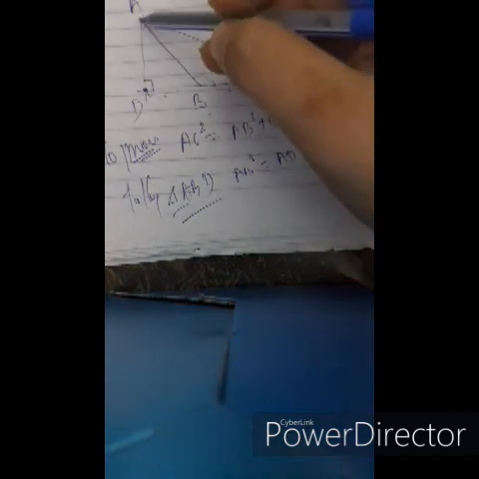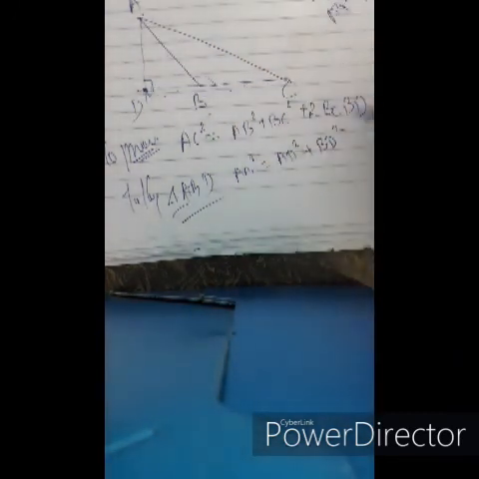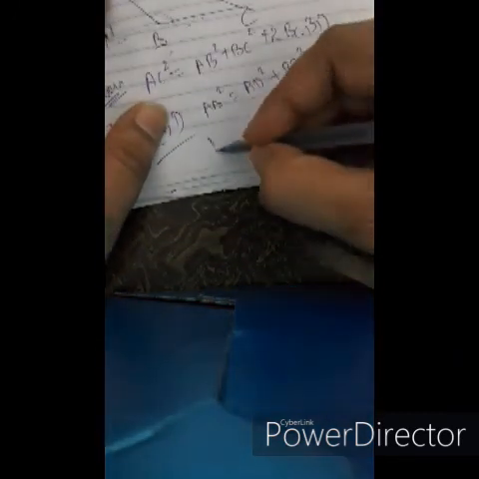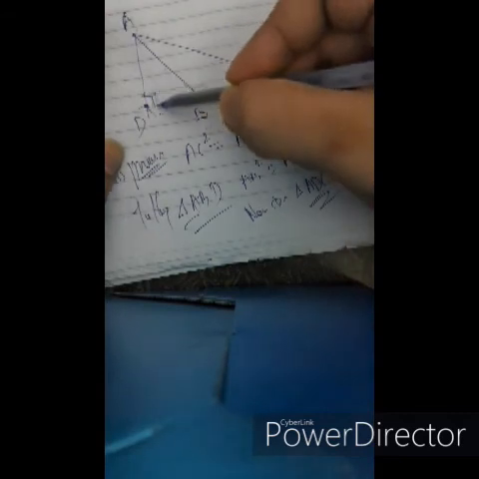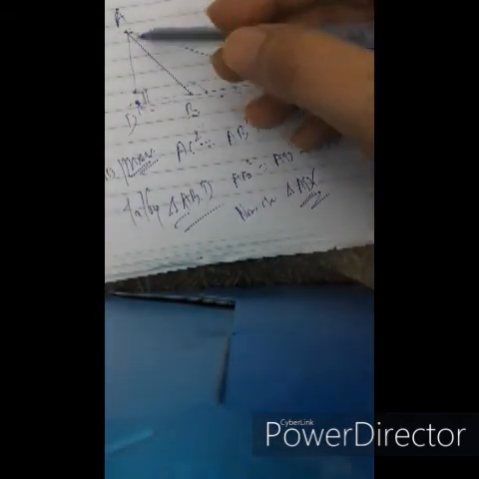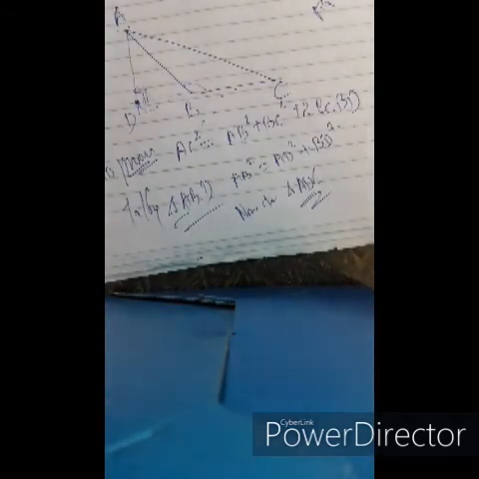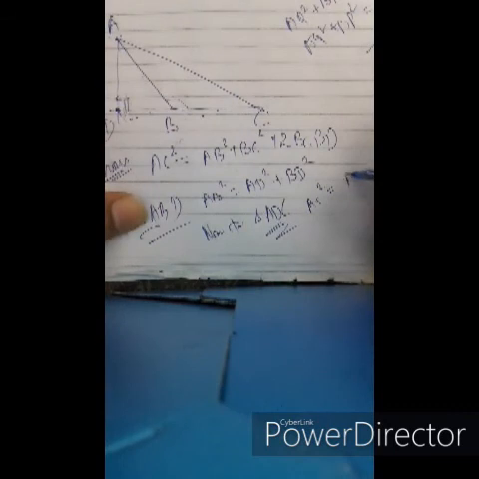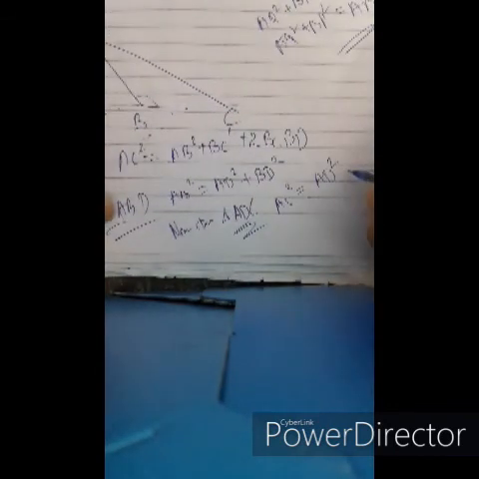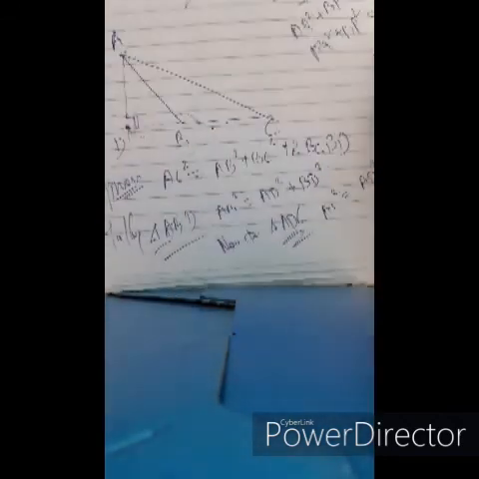Now taking this whole triangle ADC, we know that angle D is a right angle, so AC square equals AD square plus DC square. Alright, so what is DC?